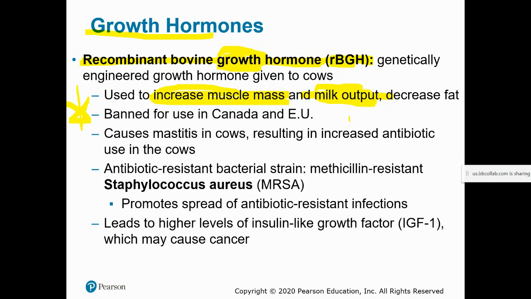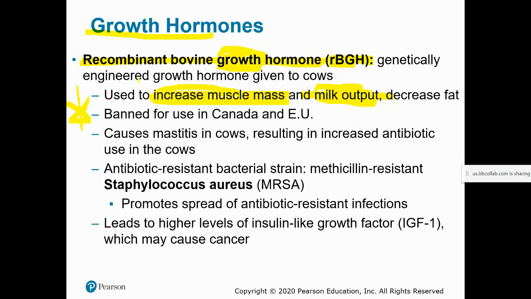If you force an animal to grow really quickly, to grow really large really quickly, you basically create this animal that's much more susceptible to disease, more frail in a way, because all of a sudden it just has massive amounts of muscle, but it may not have the frame to actually account for all of that muscle.